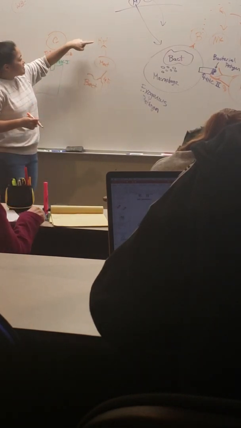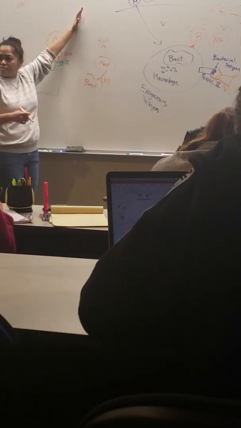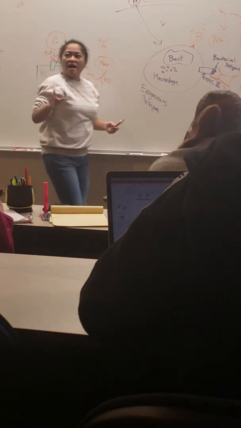And remember we said that your histamine is what causes the whole inflammation process to happen, right? So, like at the very, very beginning, when we said inflammation, right? We said that you have your like blood vessel.